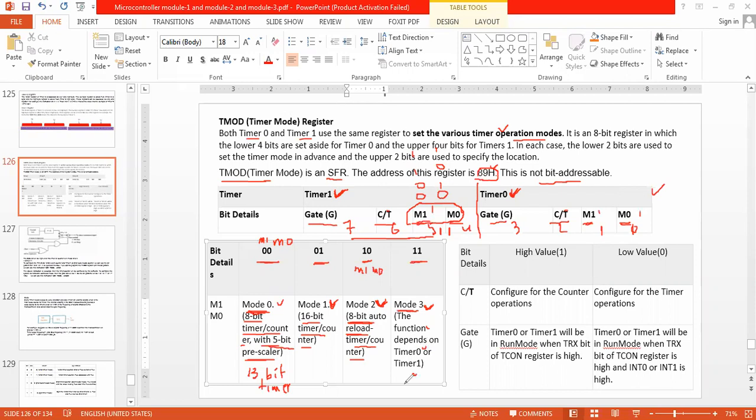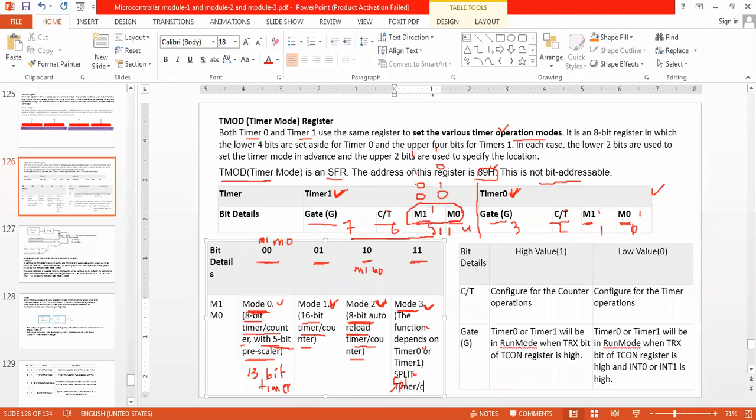We usually call it a split counter. Mode 3 is a split timer or counter.